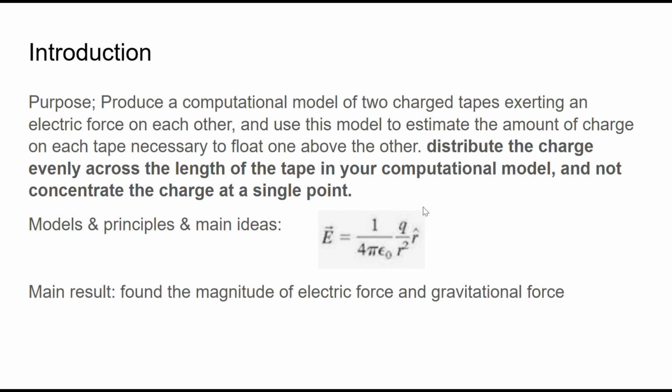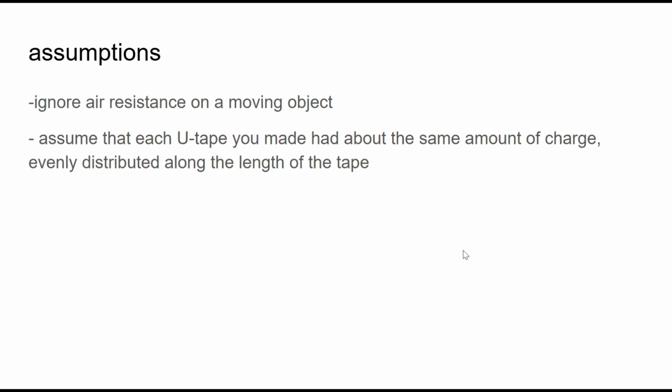But this is magnitude of R squared. So magnitude of observation location minus the source location, and this is our R hat, which is just R divided by the magnitude of R. And the main result was that we found the magnitude of the electric force and gravitational force using the distributed charge.